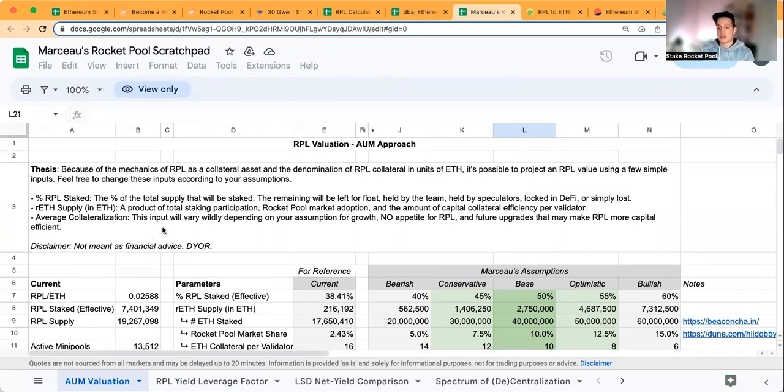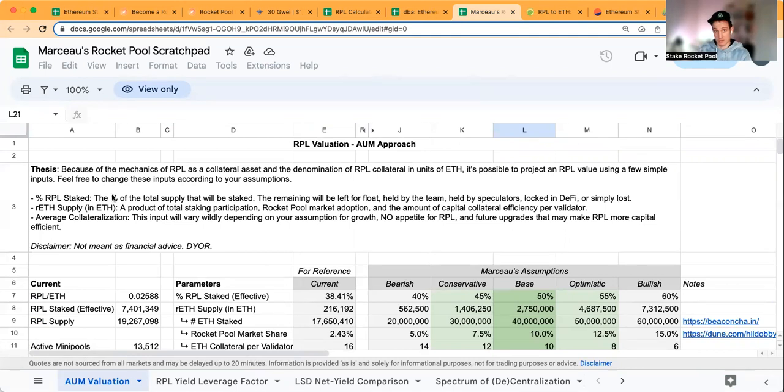He's also added some more fun stuff to the bottom here, but basically he highlights that because of RPL's mechanism as a collateral asset for the creation of the RETH liquid staking tokens that are available in DeFi, and the denomination of ETH collateral in the units of ETH, it's possible to project an RPL value using a few simple inputs.